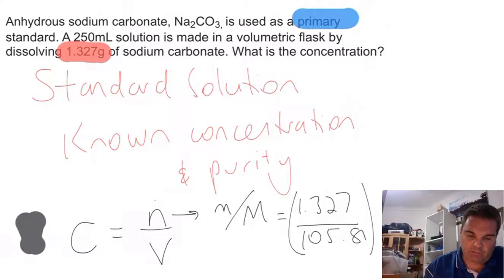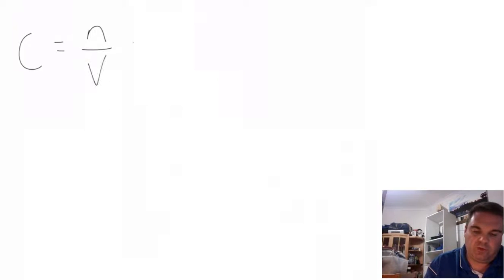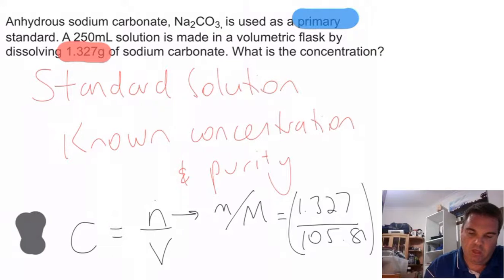If we go ahead and use that value, our concentration is number of moles over volume. So our number of moles of sodium carbonate was 1.327 divided by 105.81, and then we divide that by our volume from the question, which was 250 mL.